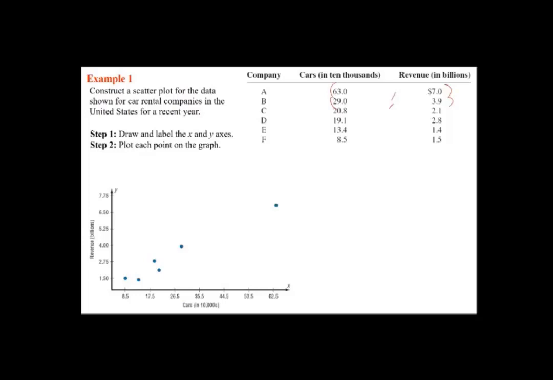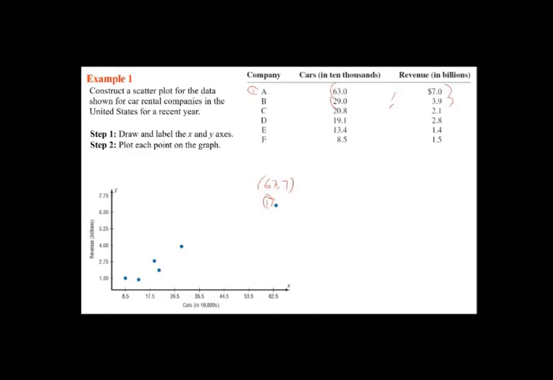So just for the sake of argument, if we call this the very first pair, this would be the one: 63, 7. The x-axis is cars in 10,000s, the y-axis the revenue in billions of dollars.